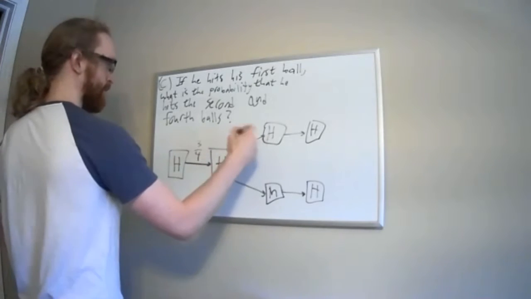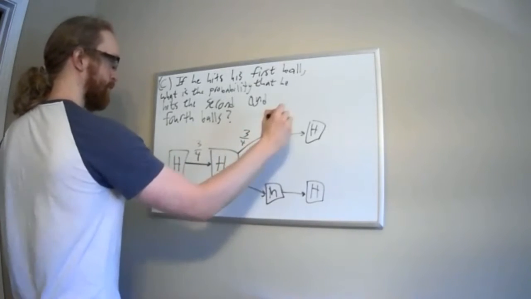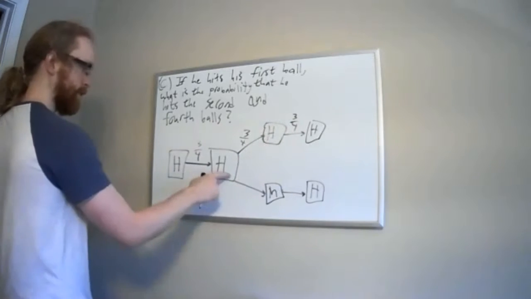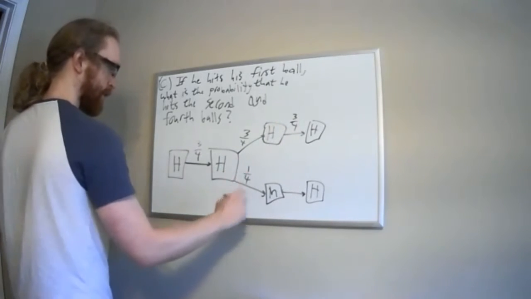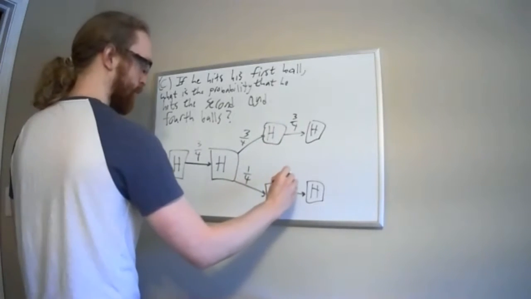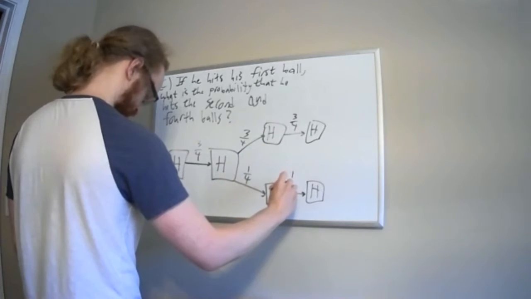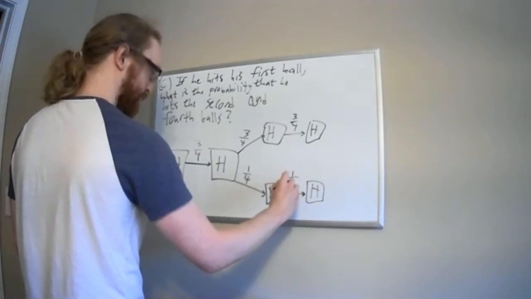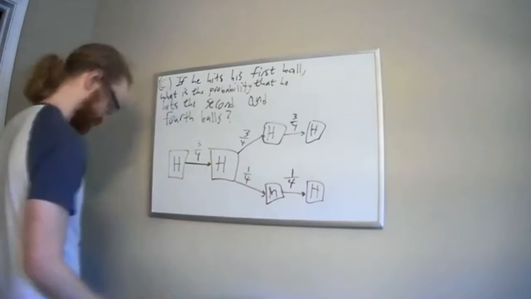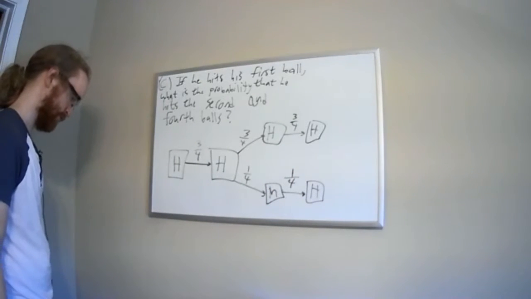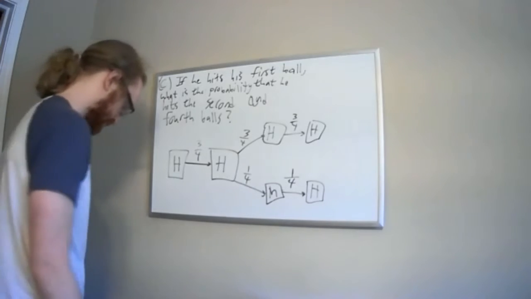And again, from hit to hit was 3/4. Hit to hit was 3/4. Hit to miss was 1/4. And miss to hit was also 1/4.